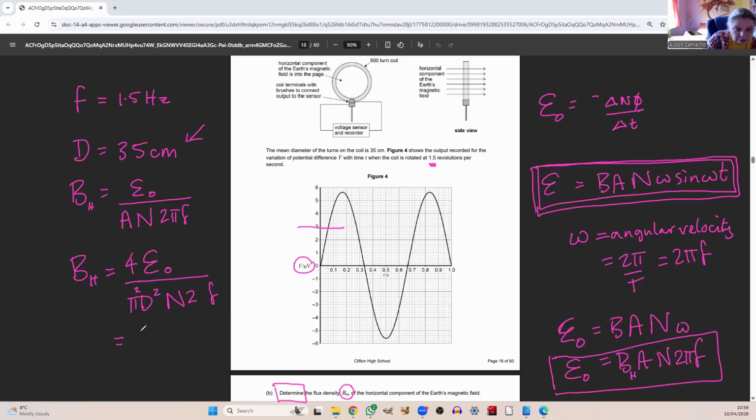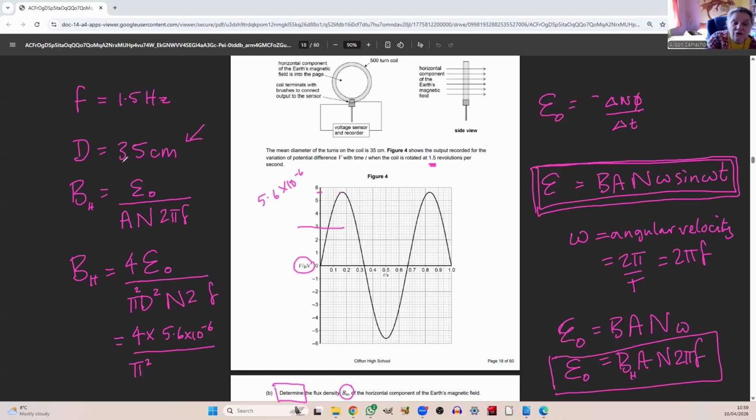Right, so I'm going to put my numbers in now. I've got 4 times my maximum induced EMF. I reckon it's 5.6 microvolts, so 5.6 times 10 to the minus 6. That's my maximum, my peak voltage from the middle. It's always measured from the middle, right? Divided by pi squared.